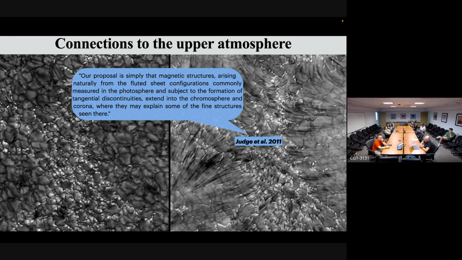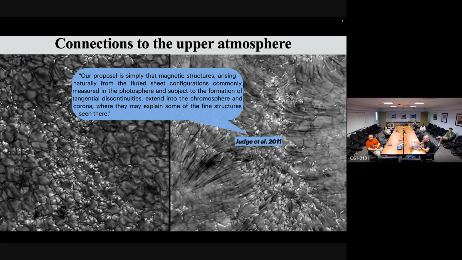This is just a direct quote from Judge et al. 2011. They are arguing that magnetic structures arising naturally from the fluid sheet configurations, which are observed in the photosphere, can develop as tangential discontinuities in the upper layers. So I think this is very interesting, and we just need to have the right data.